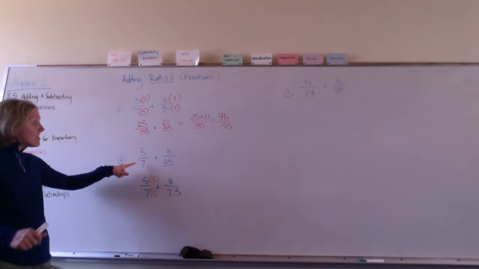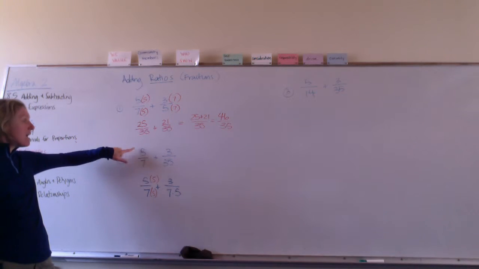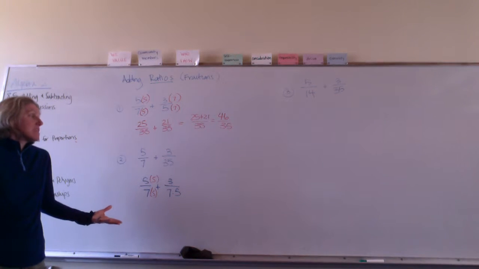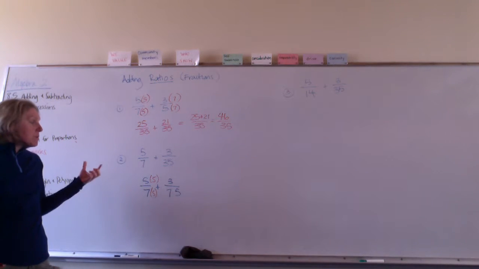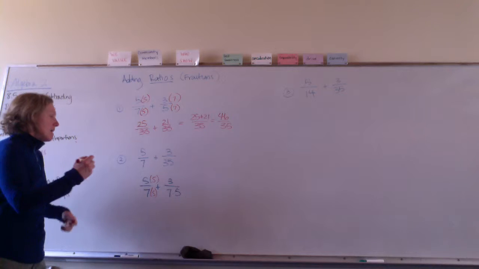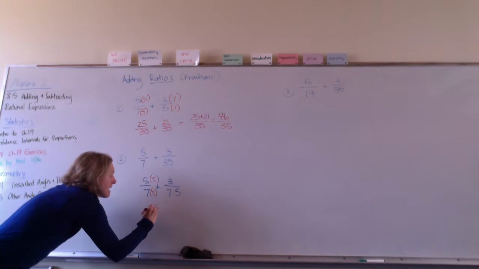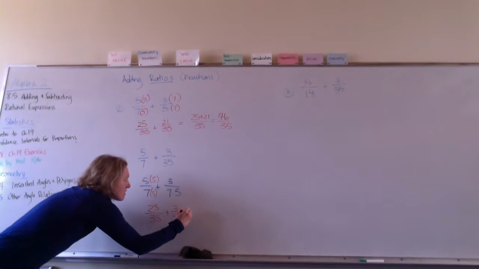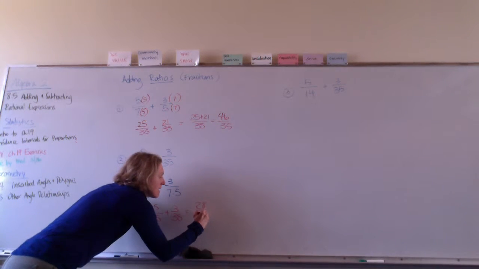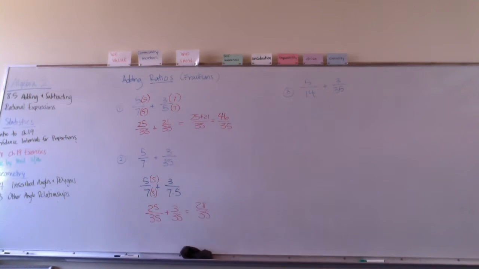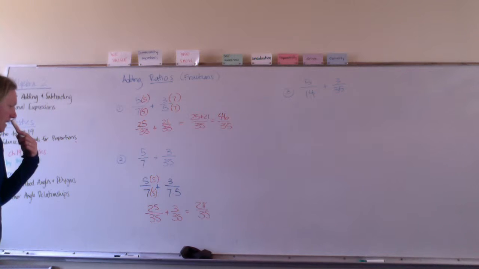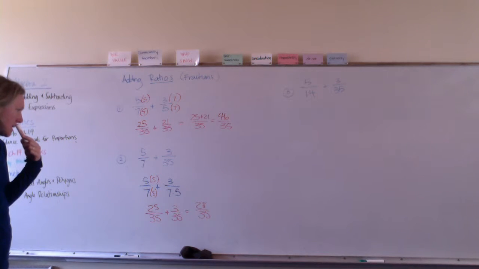My point is, I could have multiplied this by 35, and this by 7, and yes, I would have gotten a common denominator, but it would not be the least common denominator. Okay, so again, I have 25 over 35 plus 3 over 35, and that just gives me 28 over 35. Simplest form. Oh, that's not right. 28 over 35 can be reduced, can it?